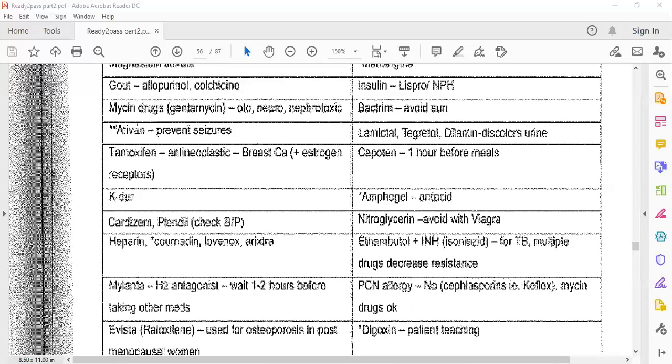Sometimes the NCLEX board asks, what are the uses of benzodiazepines? You are very smart, you can say anxiety, right? Anxiety.